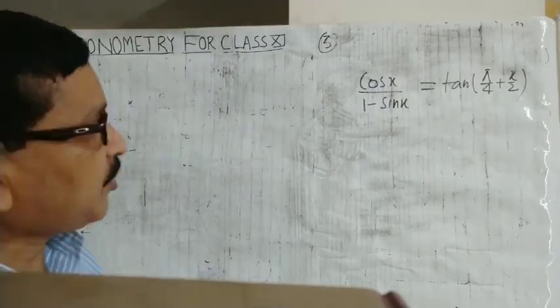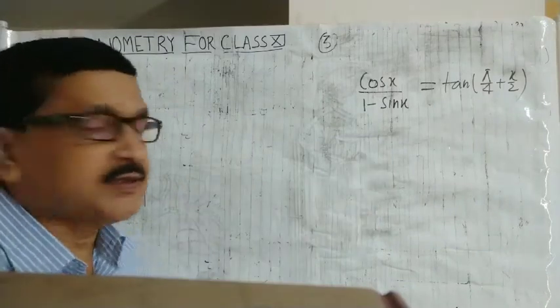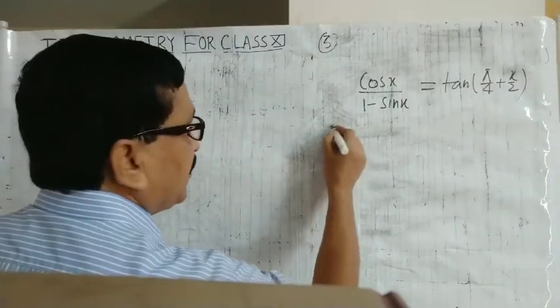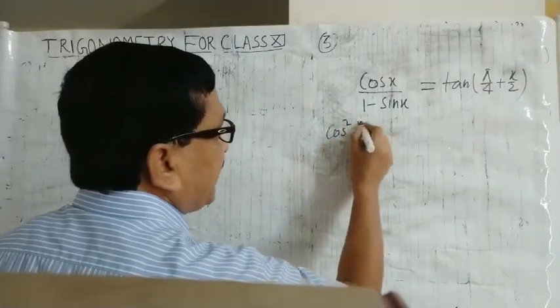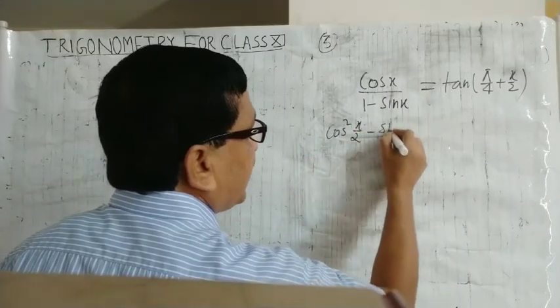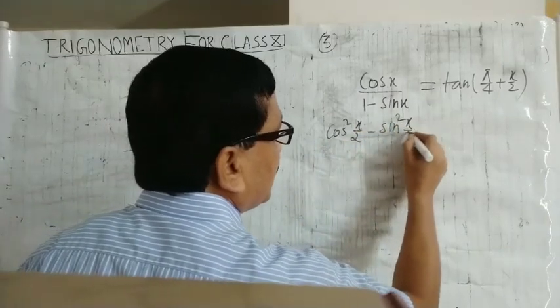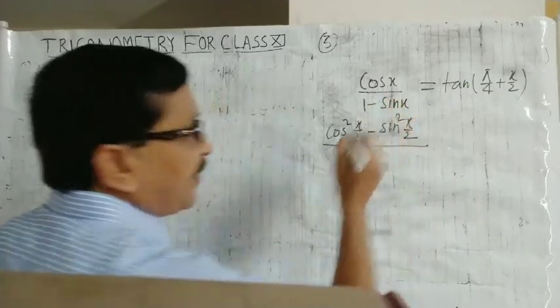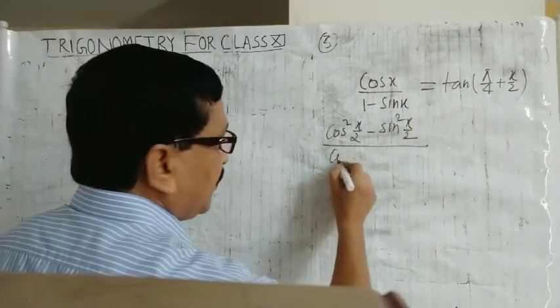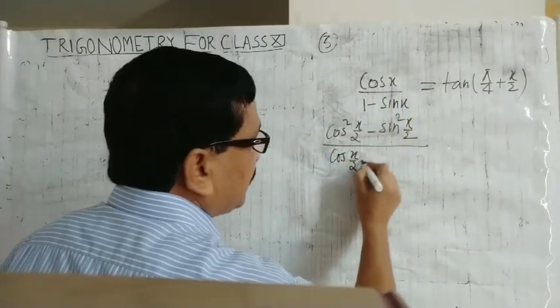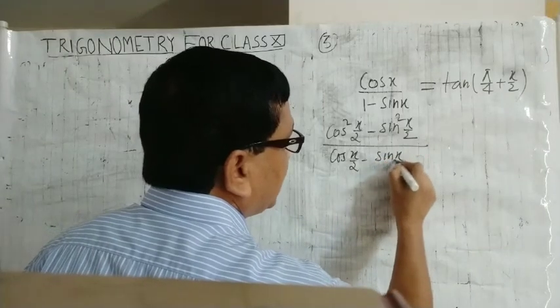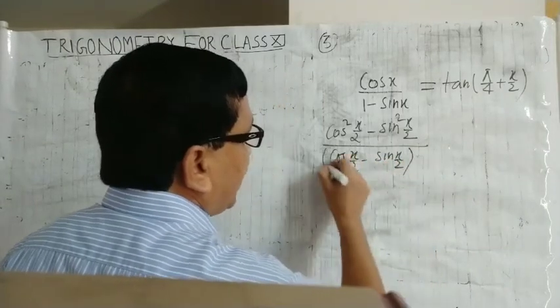Just see cos x, the formula for cos x, this is cos square x by 2 minus sin square x by 2 by 1 minus sin x, cos x by 2 minus sin x by 2 whole square.